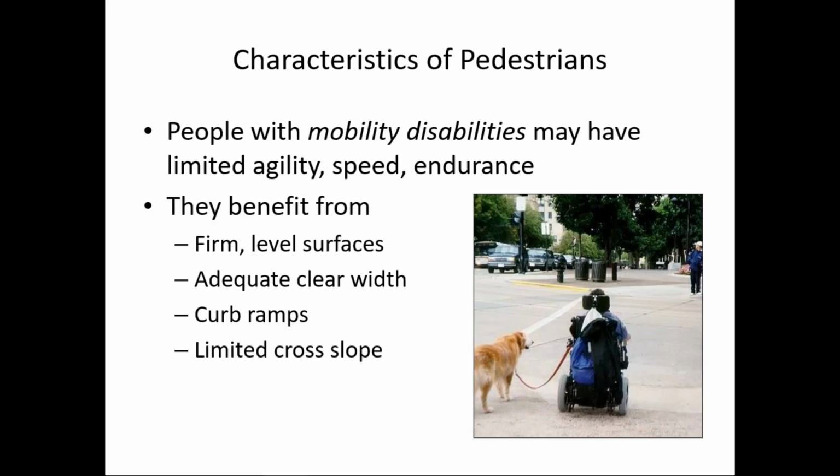They need curb ramps to move between the sidewalk and the street, and they benefit from limited cross slope. Cross slope, of course, is the slope at right angles to the direction of pedestrian travel.